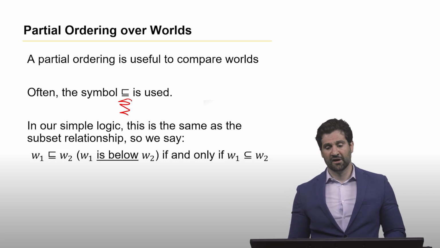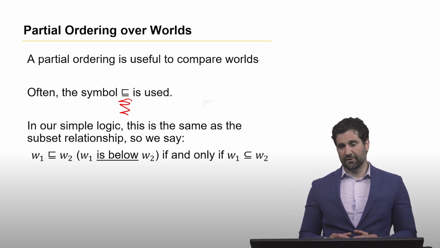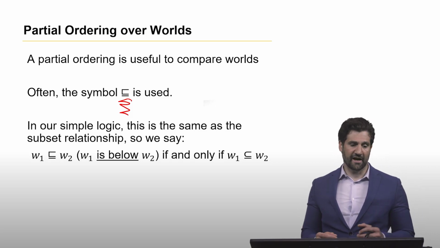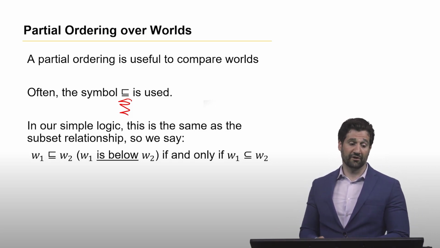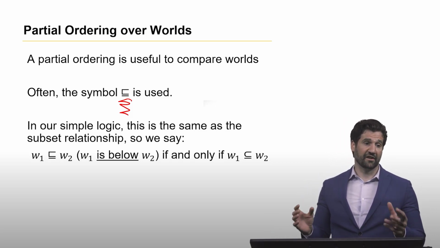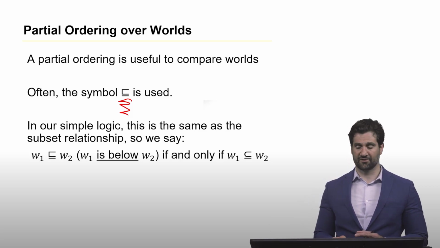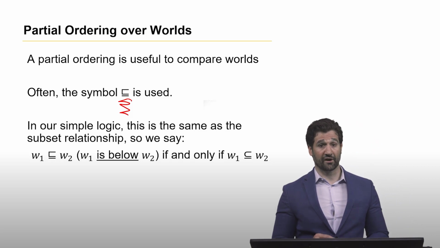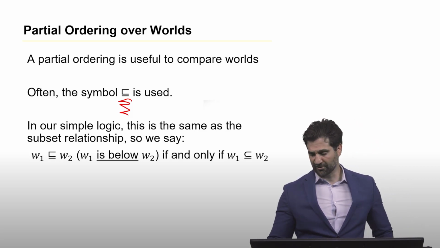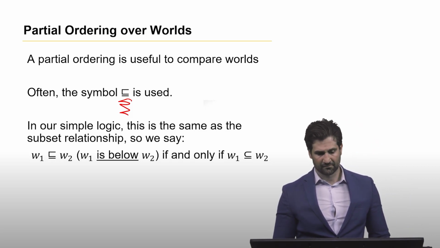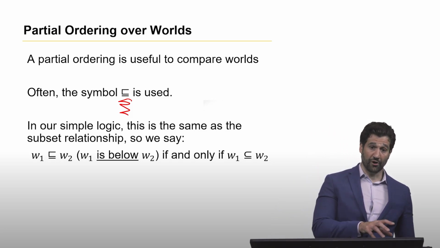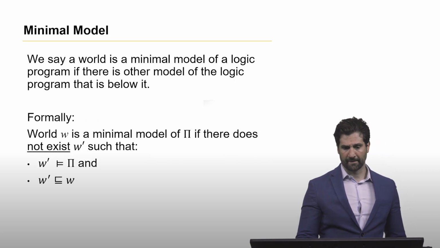Maybe we have a probability distribution, or maybe we have something we introduce later called the interpretation, that is a mapping to different kinds of values. So you will see this square subset symbol often used. And we will use the term below to say that one world is below another.